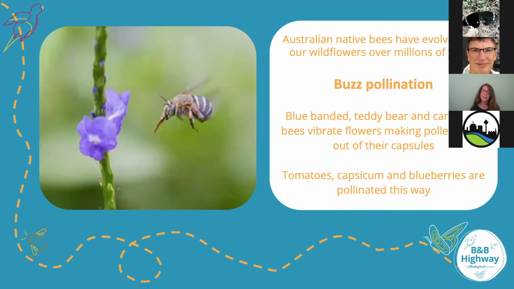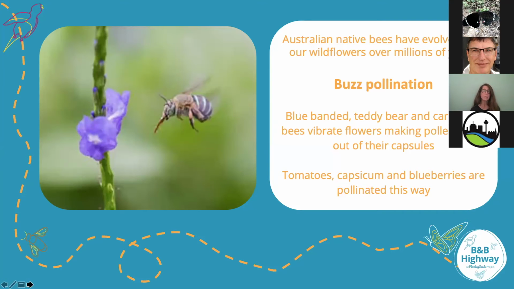So it's almost, I wouldn't say lazy, because they've still got to do a lot of work to flap those wings, but it's a way of not having to necessarily enter the flower so deeply that they can get the flower to release its pollen almost in a puff, so that they can get access to that more quickly. And amazingly, tomatoes, capsicums, and blueberries are pollinated in this way.